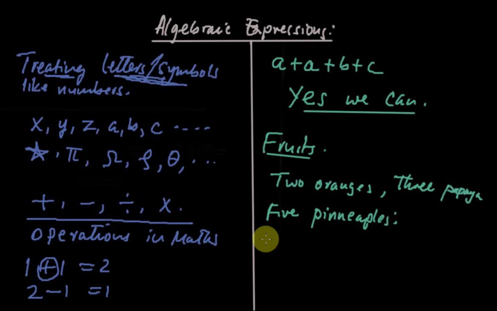If we write these in letters, suppose we choose that we are going to represent oranges by R, for example, one of the letters, and we are going to represent papaya by P, and we are going to represent pineapple by N.